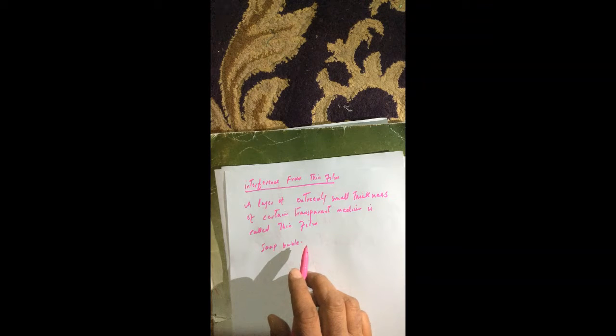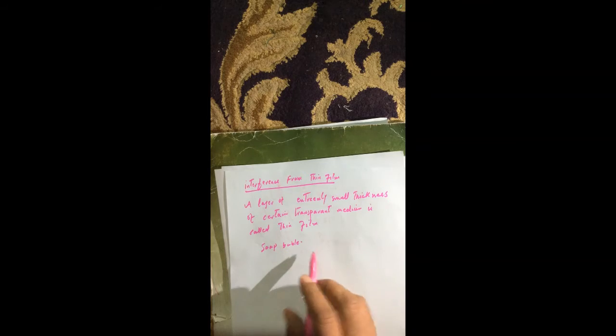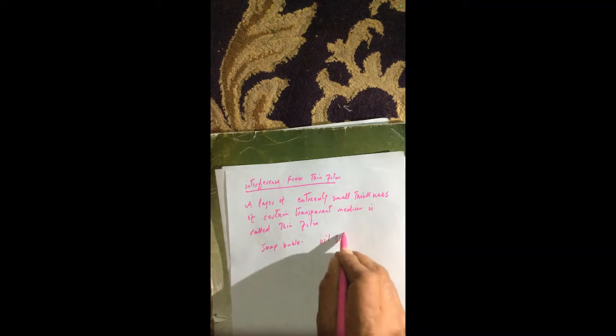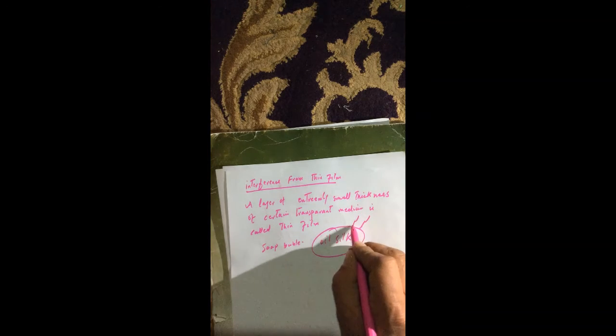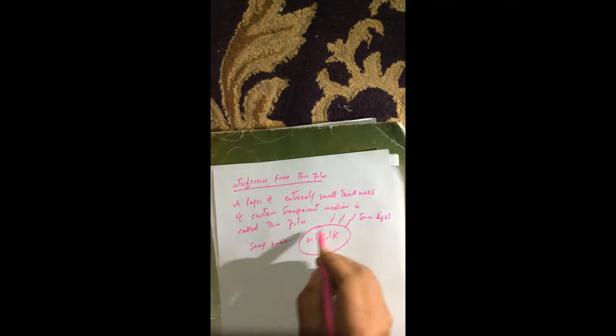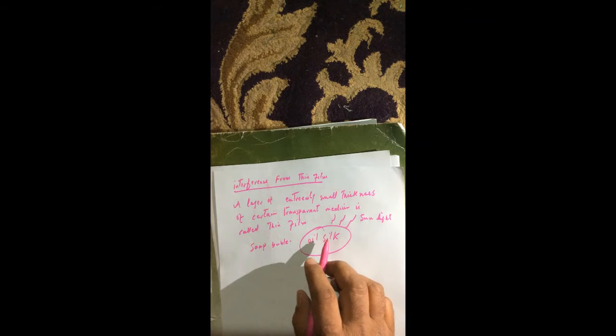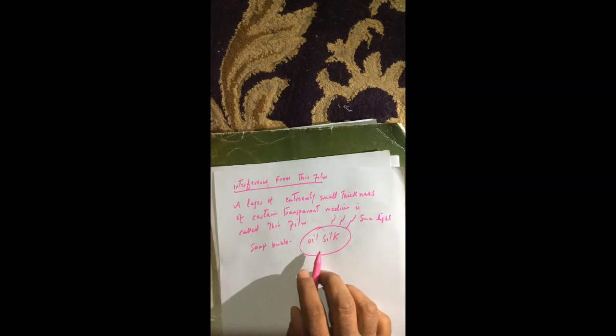If we have an oil silk which is illuminated by sunlight, then we can see different colors on this oil silk. This is because of interference of light waves, which are reflecting from both the top as well as the bottom surface, like from the front face as well as from the back face of this thin film.